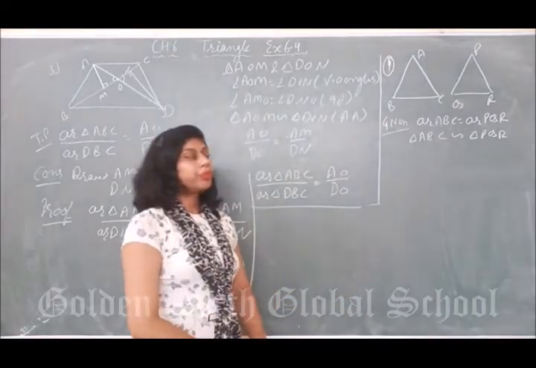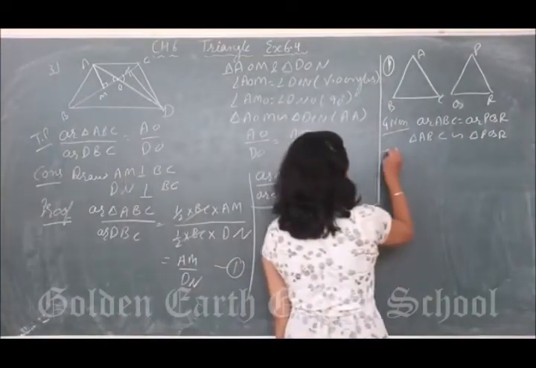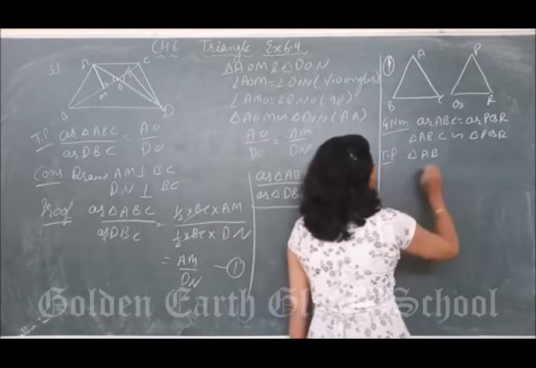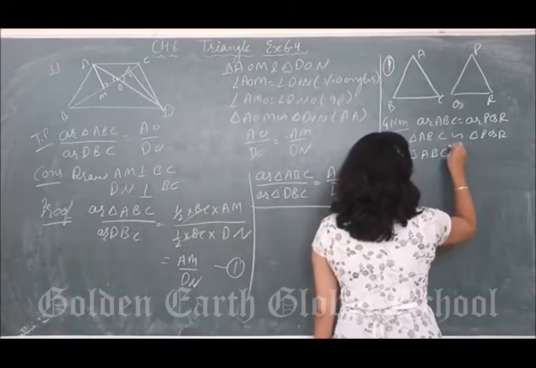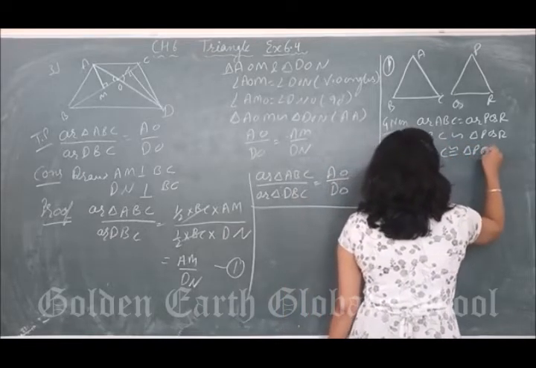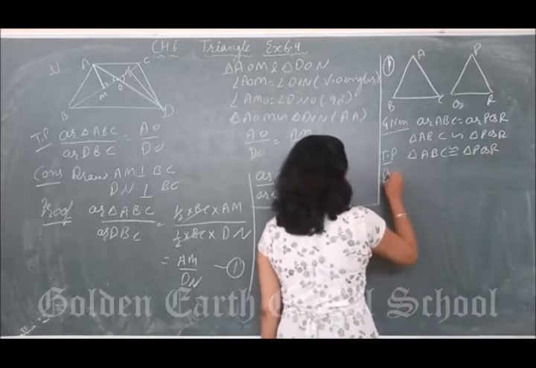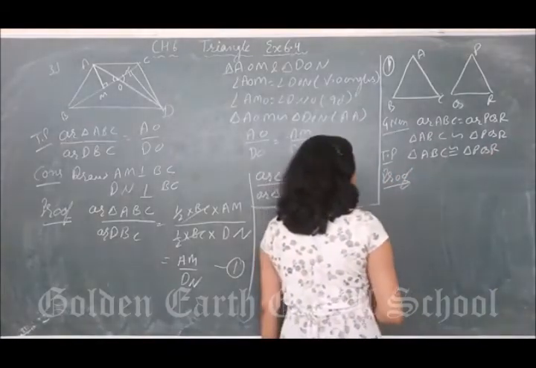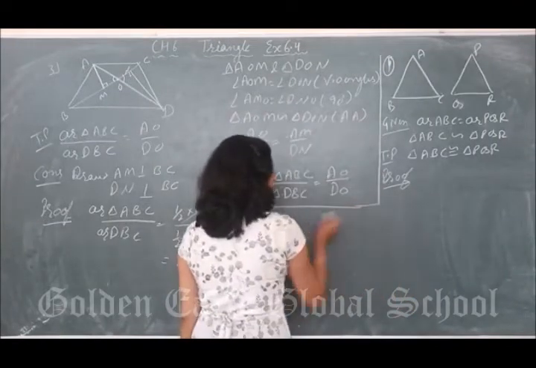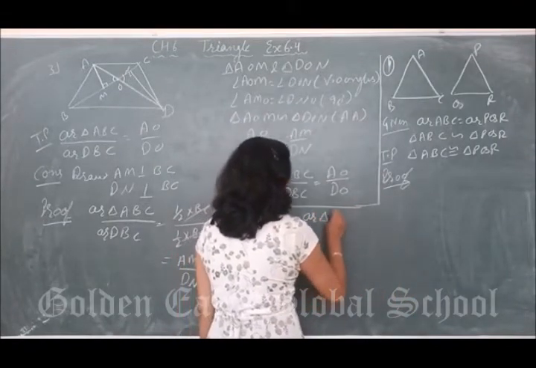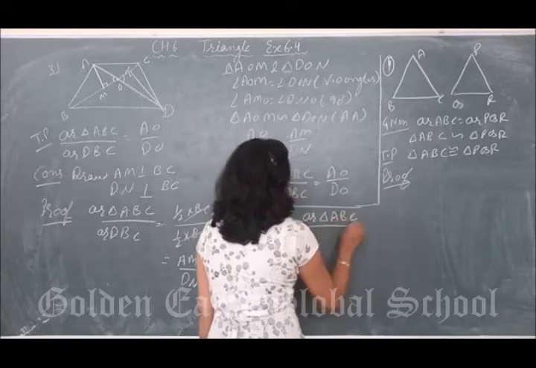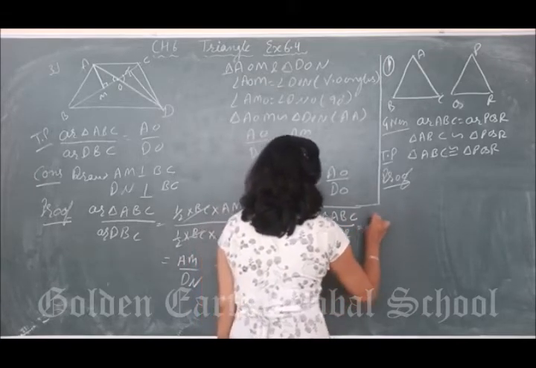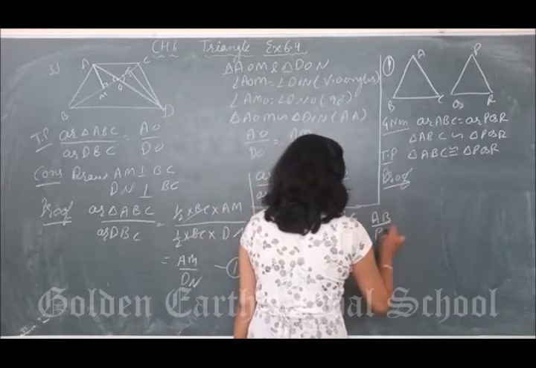Ratio of areas of two triangles is equal to ratio of squares of their corresponding sides. First of all, write down given and to prove. So by the theorem, we can say area of triangle ABC upon area of PQR is equal to AB upon PQ, squared.